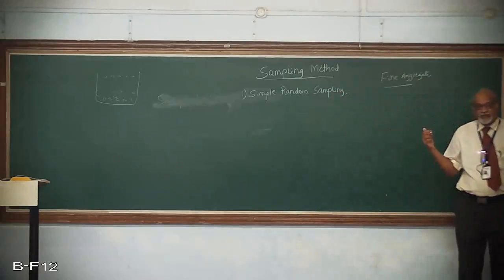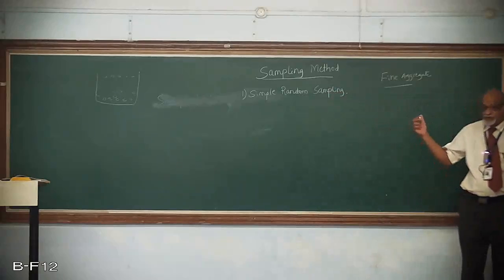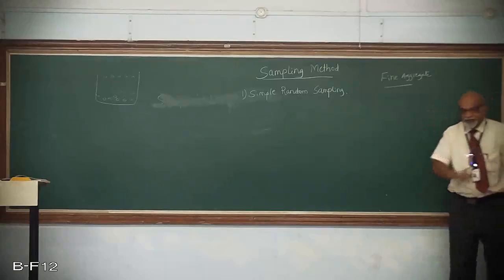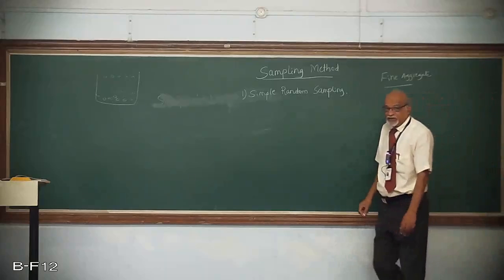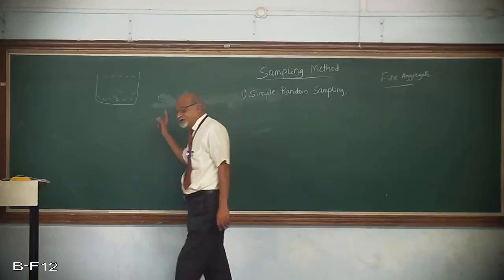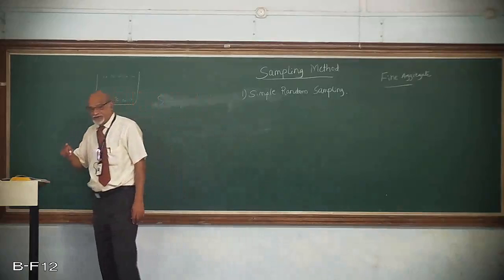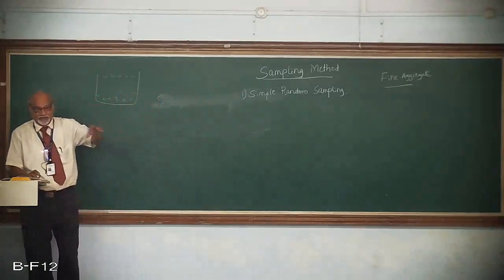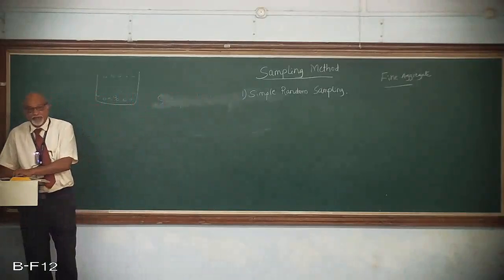So here, the important factors, apart from random sampling, are the sample size and the lot size. Random sampling of requisite samples will be taken in a random way, just simple. This is simple random sampling.